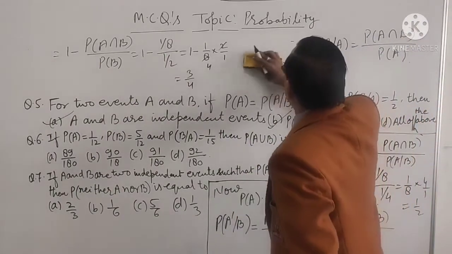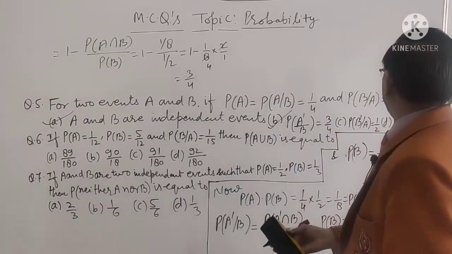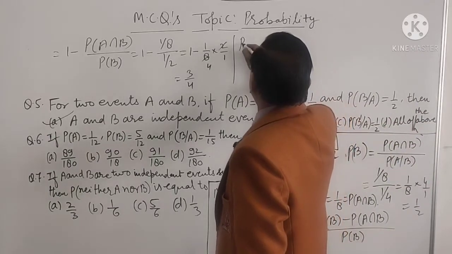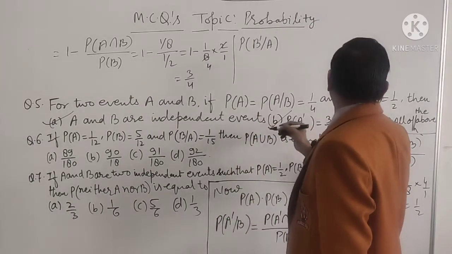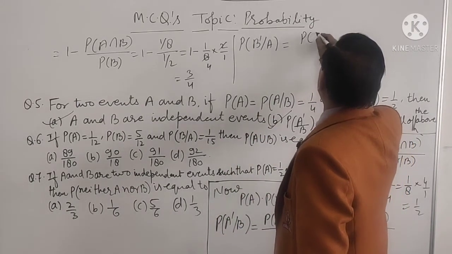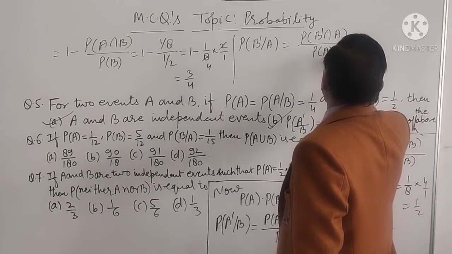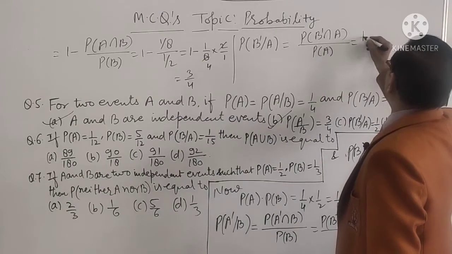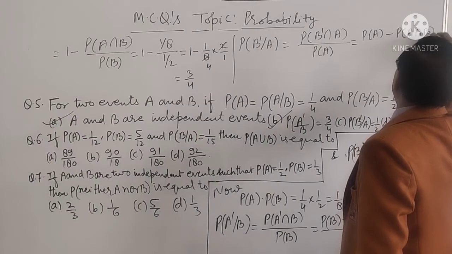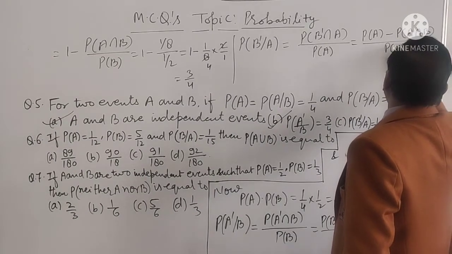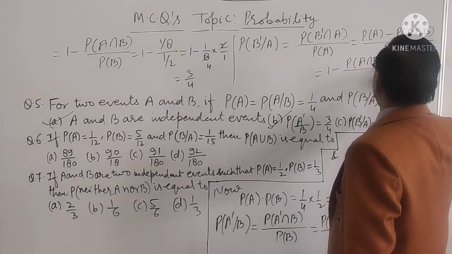Then we check C option. P(B complement | A) equal to P(B complement intersection A) upon P(A). It is P(A) minus P(A intersection B) upon P(A). It is 1 minus P(A intersection B) upon P(A).